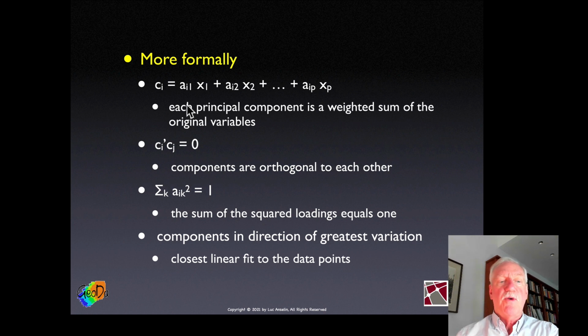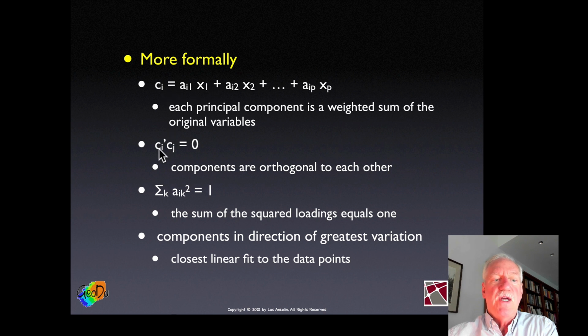And each principal component can be written this way. It's a weighted sum of the original variables. Now, for all practical purposes, in order to avoid issues with different variability in the original variables, they tend to be standardized so that their mean is 0 and their variance is 1. That's a pretty common procedure.